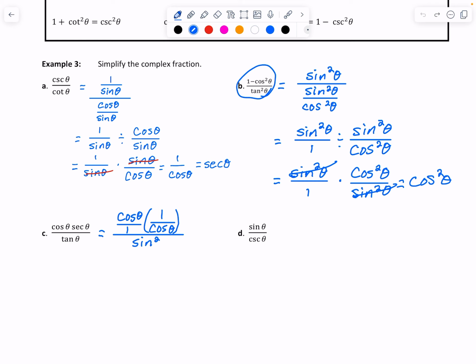Actually, let's leave that for a moment. Let's see how that's going to work out. You can see that the top, cosine squared over cosine squared, right? The cosines are going to cancel, leaving me a 1 over tangent. Well, 1 over tangent is the same thing as cotangent.